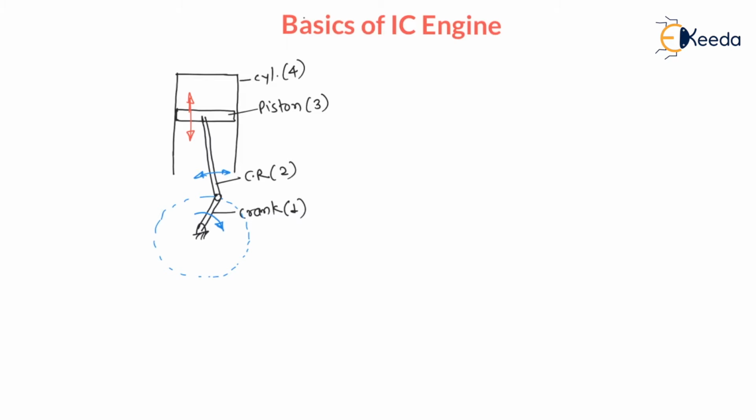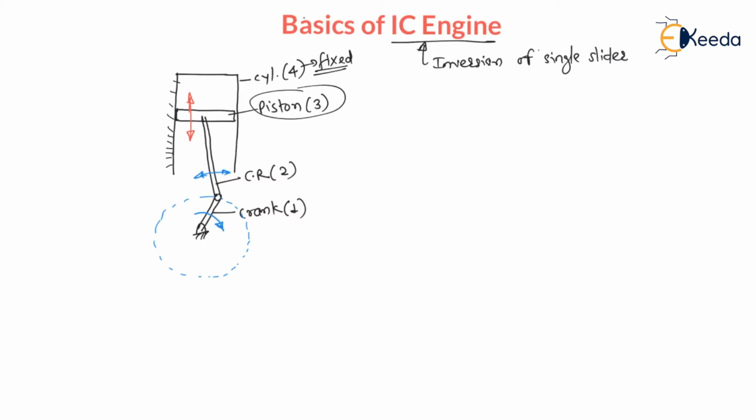In case of an IC engine this cylinder is fixed, therefore the IC engine is an inversion of the single slider crank mechanism, because here only the piston is a slider, sliding inside the cylinder.